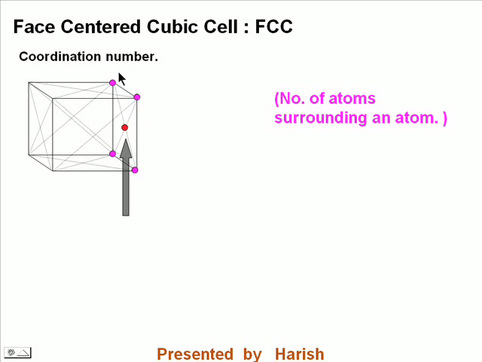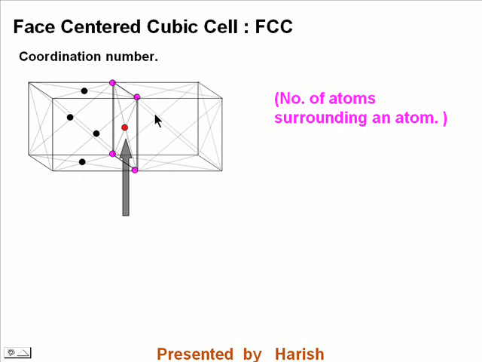Are those the only atoms surrounding it? No, we have 4 more here, and we just saw that this black sphere and this red sphere are going to touch each other. So we have to count these 4 also as atoms surrounding it. Do we have any more atoms?